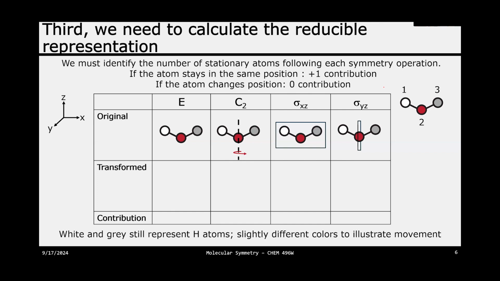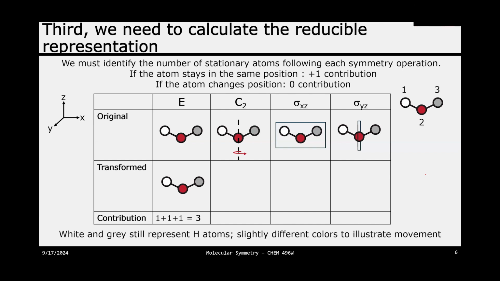So if I go through E, is anything moving, anything changing? No. So I have 3 atoms, they all stayed in the same position, so they all contribute +1. If I had 4 atoms in the same position, it'd be +4. If I had 10, it'd be 10. Now what about with C2? Is anything staying in the same place?